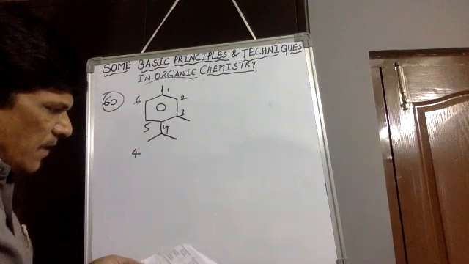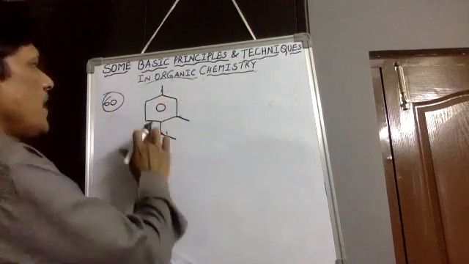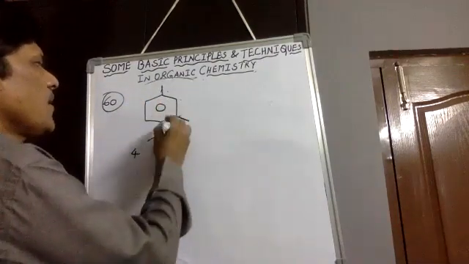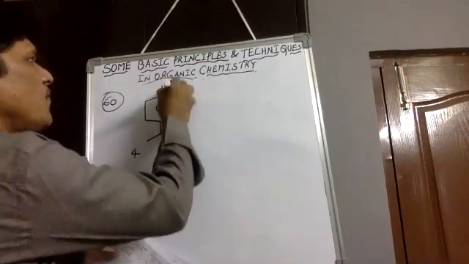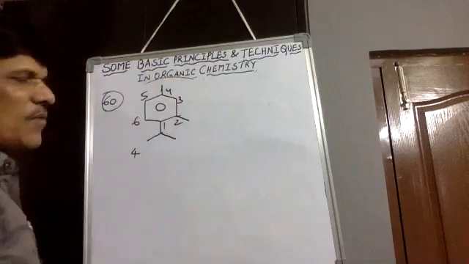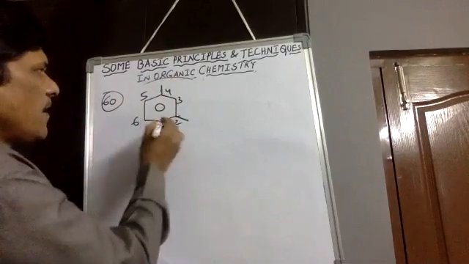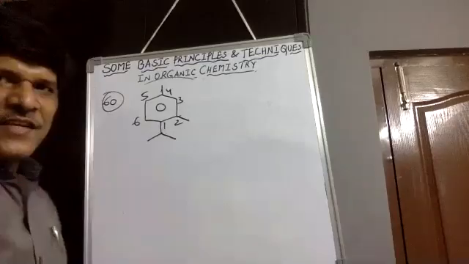I'm sorry, numbering we have to start with the isopropyl. Isopropyl is given more priority, and because of the lowest sum, we have to consider this. Therefore, isopropyl is given more priority than methyl, numbering 1, 2, 3, 4, 5, 6.